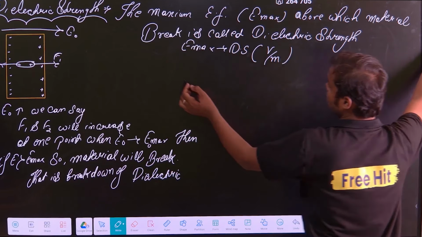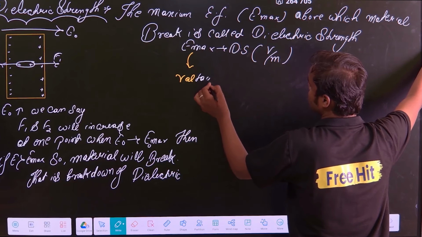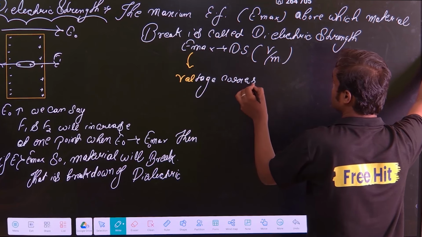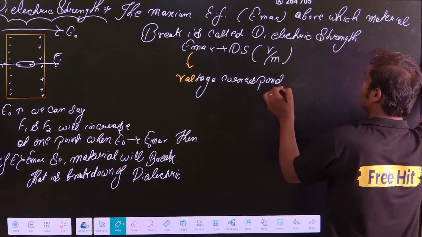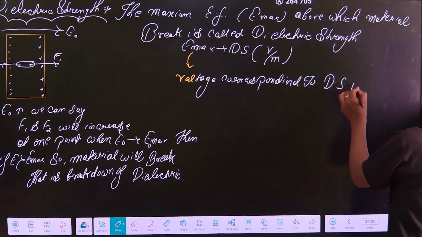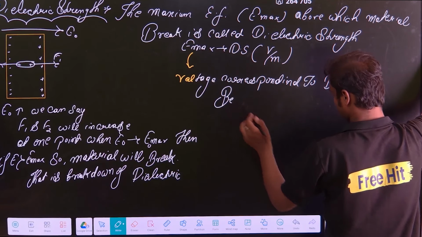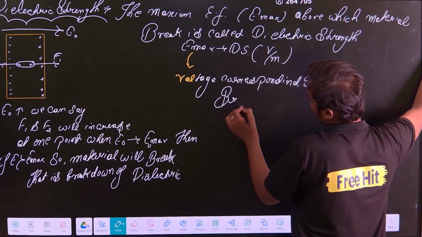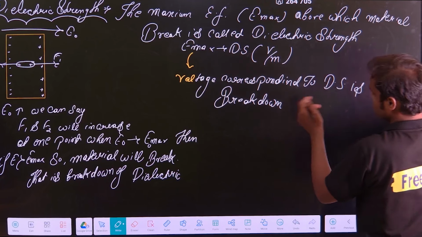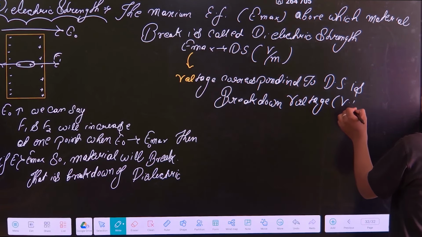The voltage corresponding to the dielectric strength is called the breakdown voltage, that is VB.